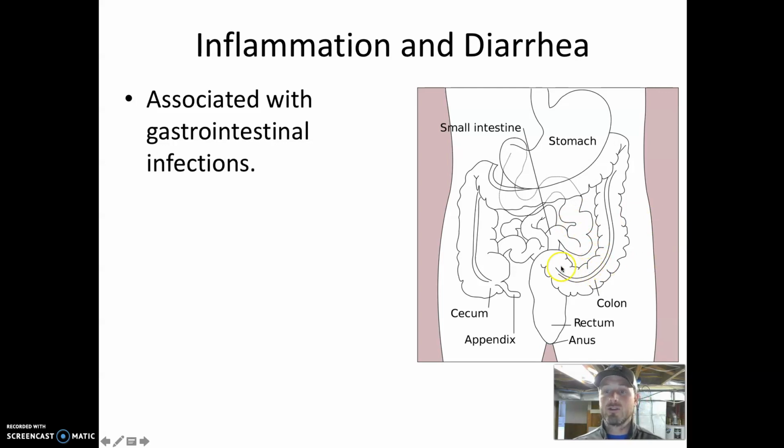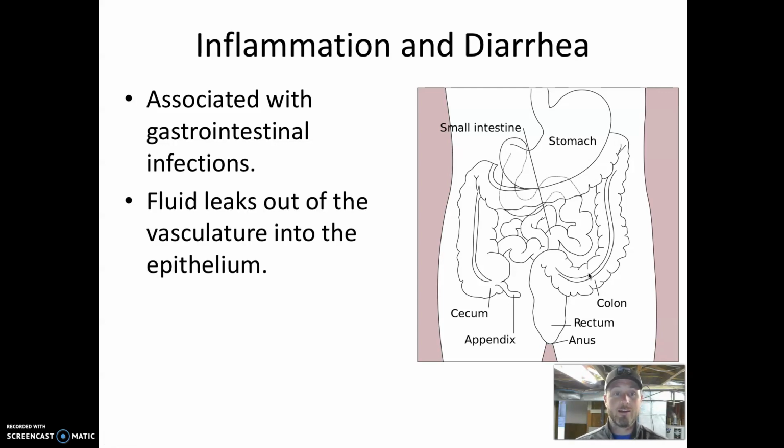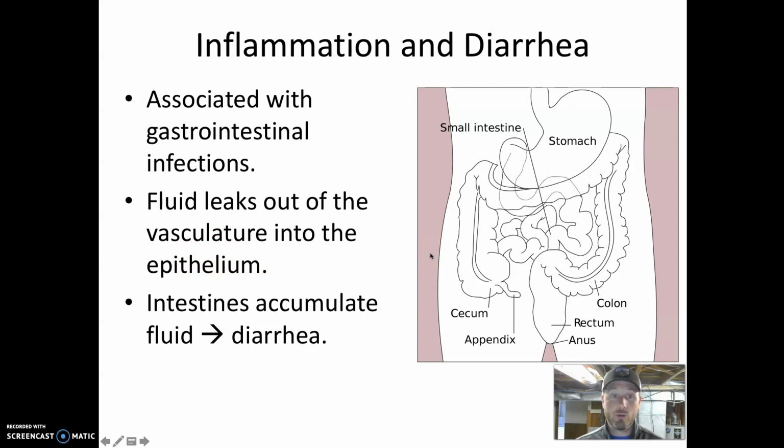But again, there's sort of an empty space here, the lumen of the intestines, so there's no tissue to soak the fluid up like a sponge, but rather that fluid is going to leak directly into the intestinal lumen. So again, we leak fluid out of the vasculature into that epithelial tissue. That epithelial tissue, because it's on a surface, cannot trap the fluid. The intestines accumulate that fluid, and we water down our stool, leading to diarrhea.